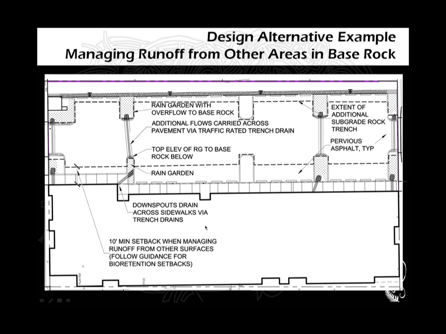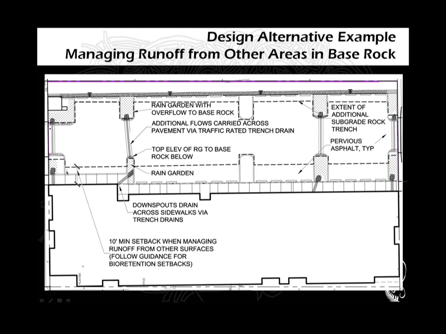So we've got our building. We have downspouts at each of a couple different places, and those downspouts drain across the sidewalk via surface trench drains, so we keep the water high. It dumps into a little rain garden here, and the rain garden overflows to a rock area that's connected down to the rock below.